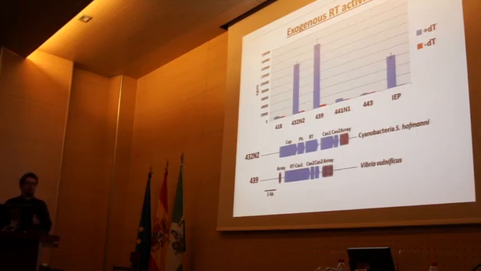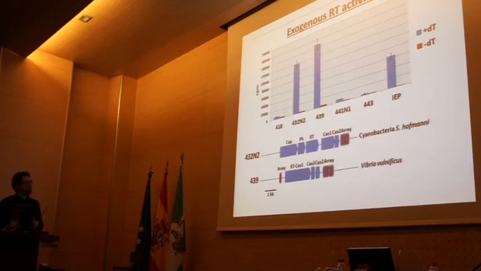We used an in vitro assay, and the result was that two of the RTs studied show significant activity: 432N2 from the cyanobacterium Stridolema hoffmanni and 439 from the proteobacterium Vibrio vulnificus.